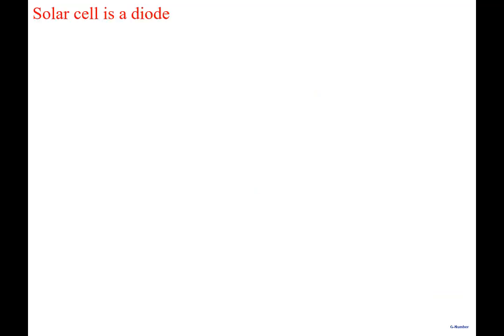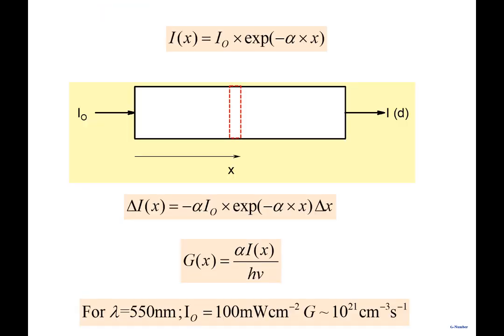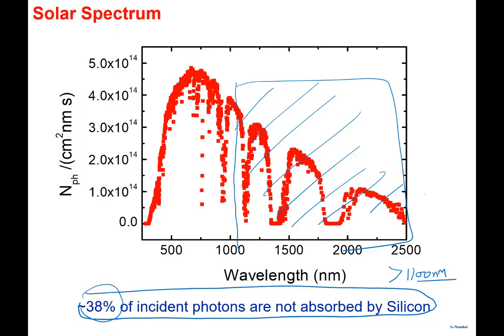All right. Now the other part is, we are talking about silicon as a material, silicon as a semiconductor. Fine, so it can absorb, let's say, 62%. Now, what I want to show you is that yes, you can absorb 62%, but the efficiency of a solar cell is going to be considerably lower than 62%.